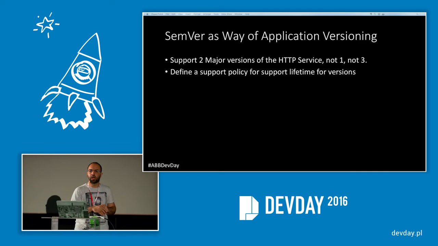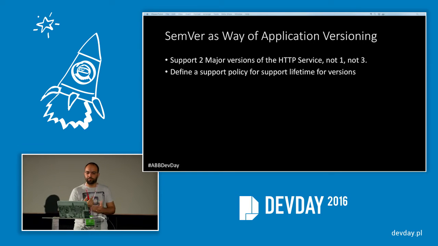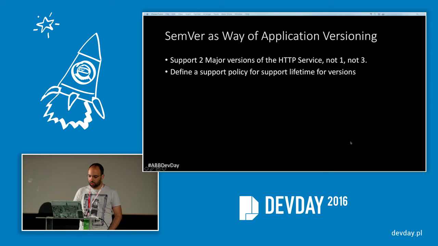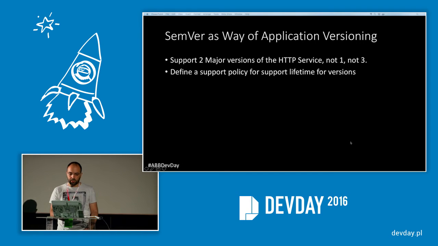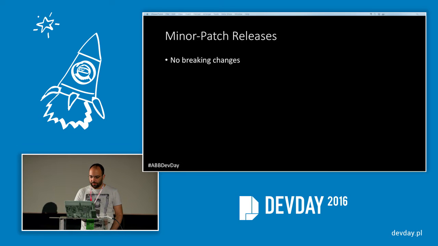I think Twitter has this, or some other companies doing versioning have this concern and that concept. But I think it's a very valuable concern, and we can see it in place now. So let's do the minor and patch release and see how we can do that.